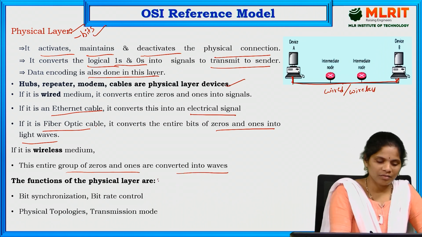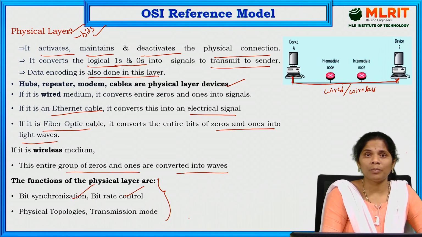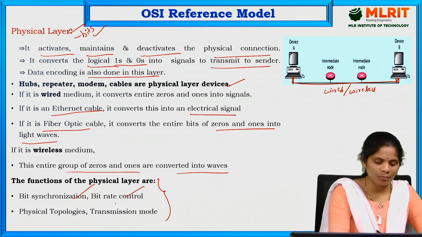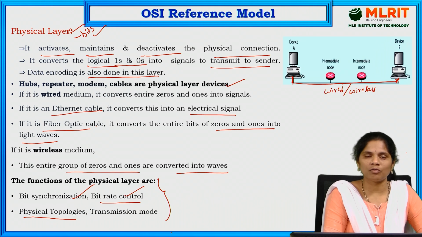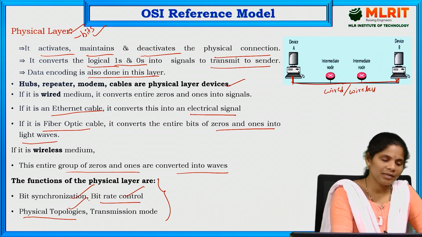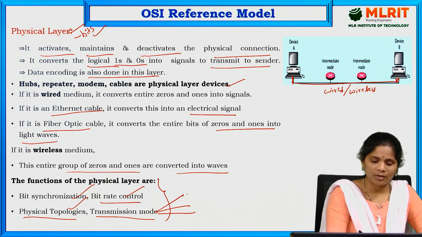These are the functions provided by the physical layer. Bit synchronization. Next is bit rate control, meaning how many bits are transferred per second. Physical topologies: we already discussed bus topology, ring topology and star topology. Next, transmission mode, meaning in which way we transmit: simplex, half duplex and full duplex.